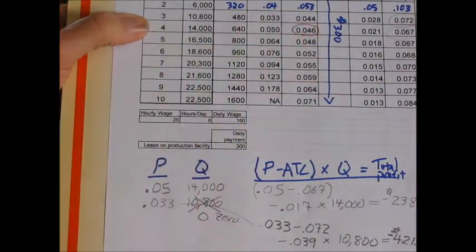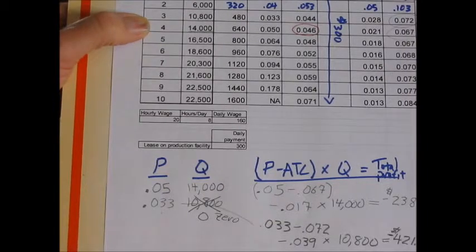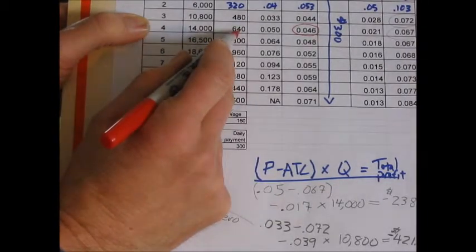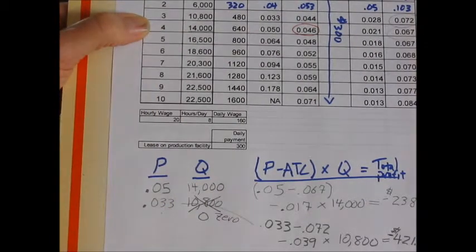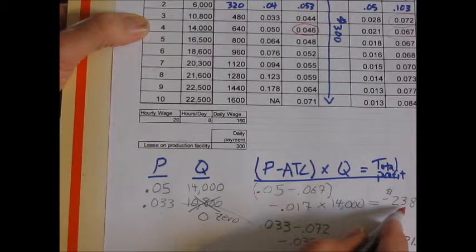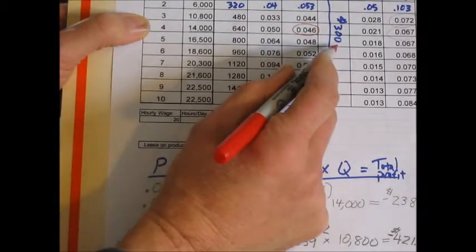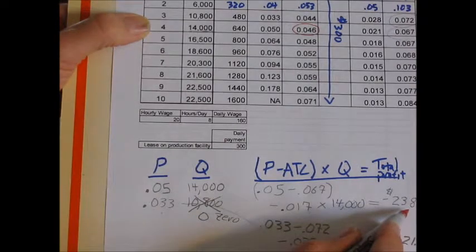So the average variable cost was under the price. 0.046 is less than 0.05. That's telling us that by operating, we can cover all of our variable costs, the $640 that we pay to the 4 employees, and have something left over. And as a result, our losses, though big, were not as big as our fixed costs. So it made sense for us to operate.